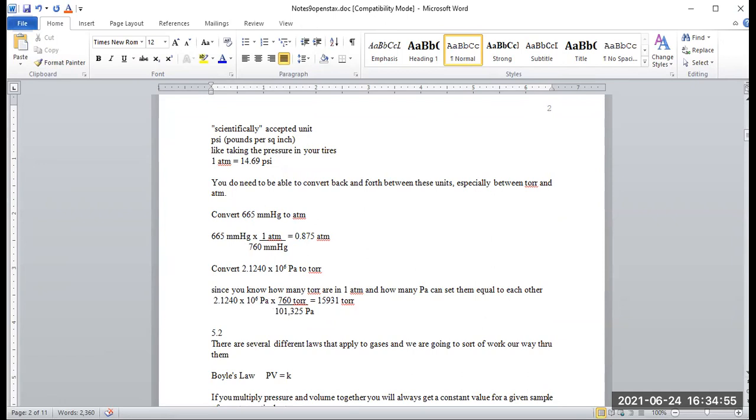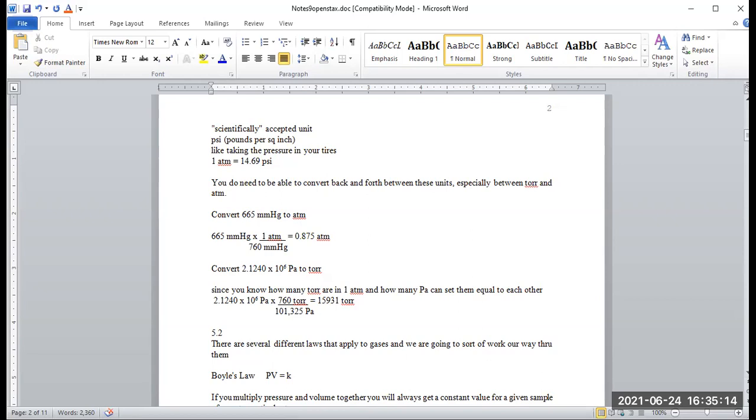So it's kind of what we're doing here, because we saw that 1 atmosphere is 760 torr, but we also saw that 1 atmosphere is 101,325 pascals. So we can set them equal to each other.